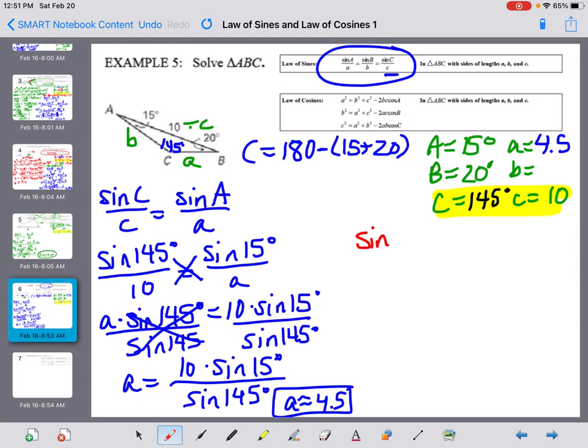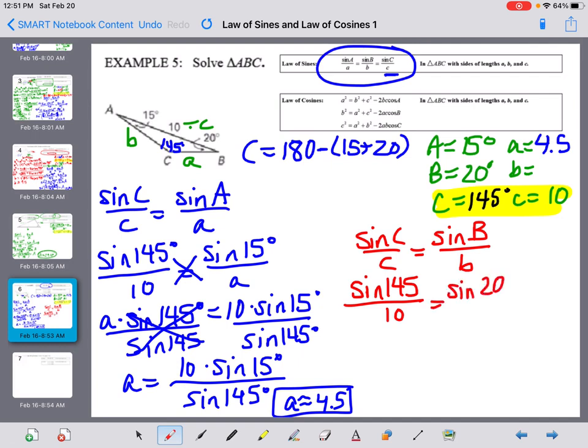Again, I'm going to start with sine C over C. And this time I'm going to use sine B over B to find my missing side of B. So I get angle C is 145 over side C, which is 10. Angle B is 20 degrees over side B, which I don't know. Anytime I'm looking for something in the denominator, I need to get it out, so I'm going to do a little cross multiply.